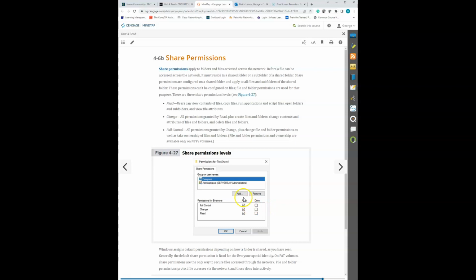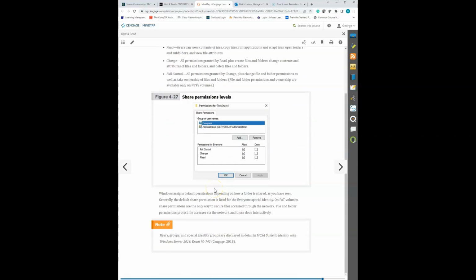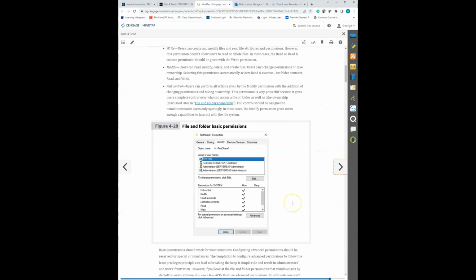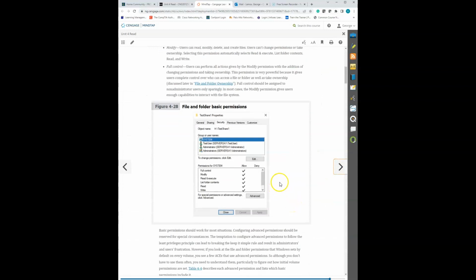But at what point, and we see that these are groups at this level, do you start making sure that the right people are in the right groups, and they have the correct access to that shared file? Here we have some users, so we're explicitly saying test user has, well, if I couldn't click on him, he would have specific access to this folder, test share 1, while if he was in another group, he would have other accesses.